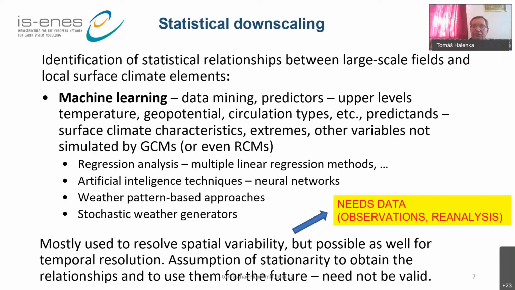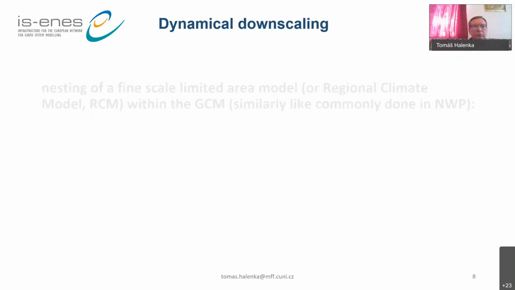If you'd like to get really high resolution statistical downscaling outputs from, say, a GCM or RCM, you need the same resolution of observations for the variable you need to downscale. Well, next, please.